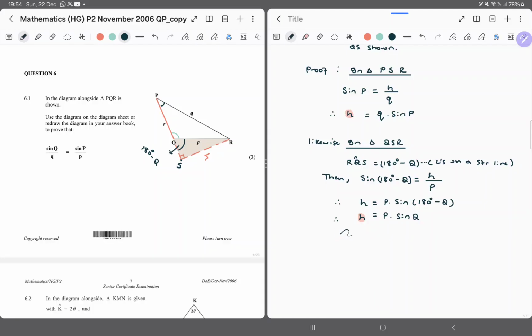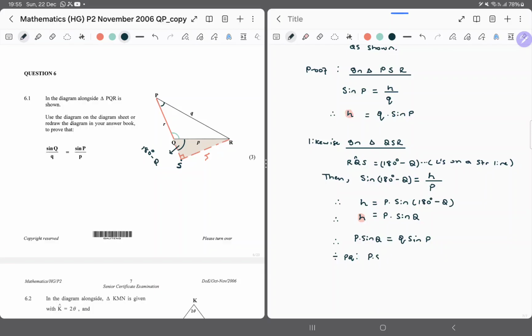We can say, therefore, that P sine Q is the same as Q sine P, because each one is equal to H. Then we divide by, now what do we want, guys? We want to divide by these variables. So we divide by PQ. In maths, we can divide by anything we want.